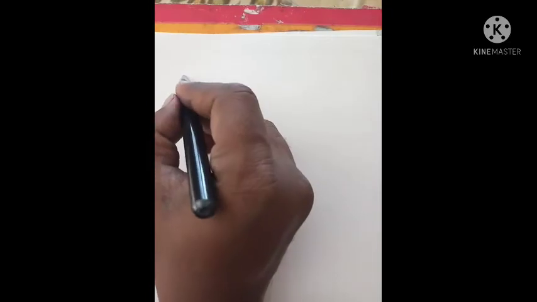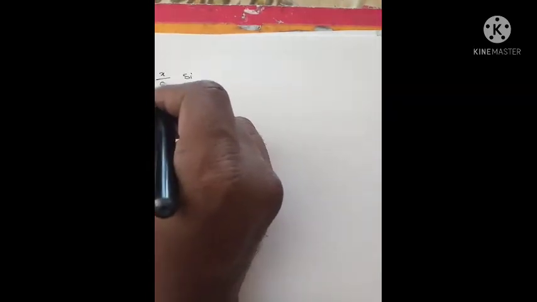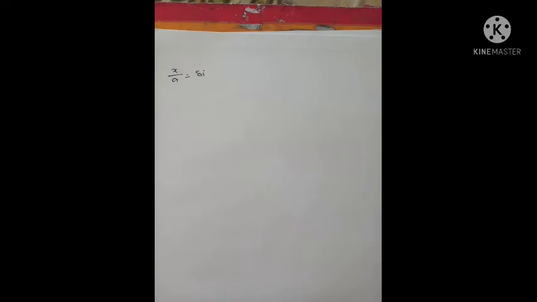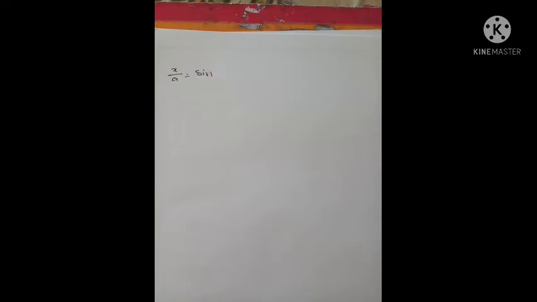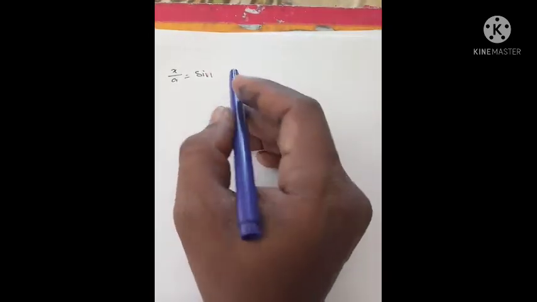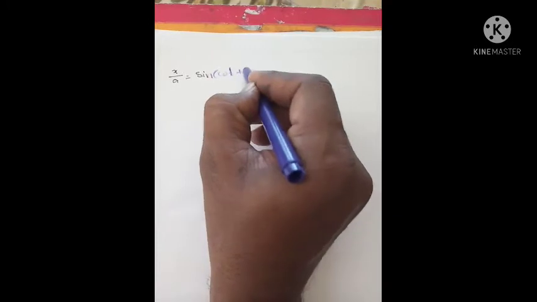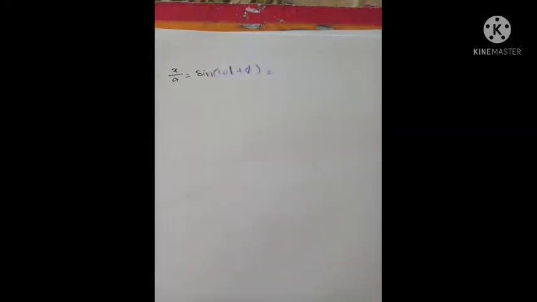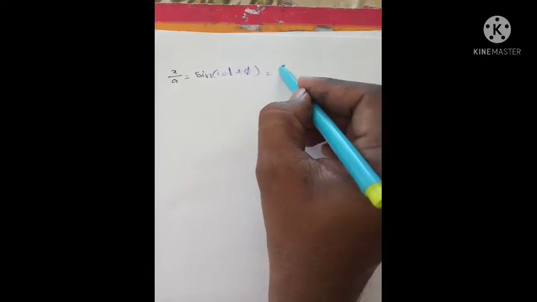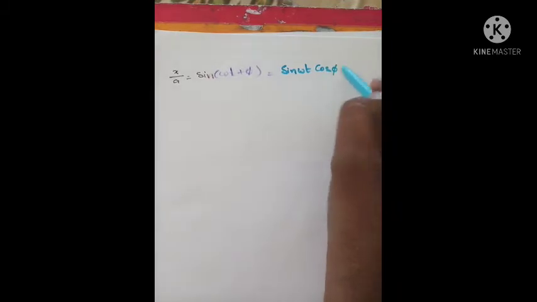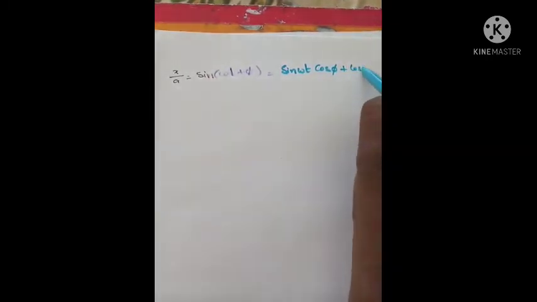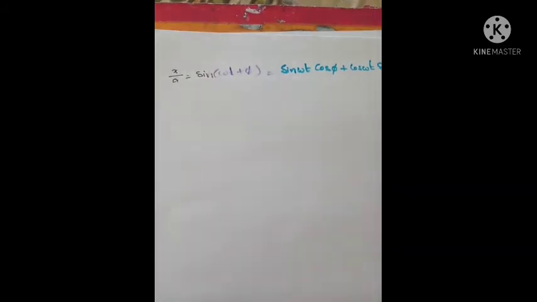Now we get x by a equal to sine omega t plus pi, which equals sine omega t cos pi plus cos omega t sine pi.